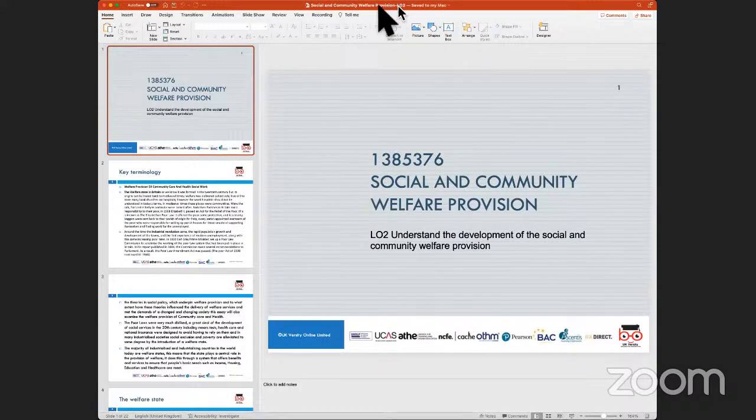So we are going to be looking at learning outcome 2 here, and that is in the unit which focuses on understanding the timeline of how this particular concept of welfare, which is to be driven through community provision, essentially came into the UK.